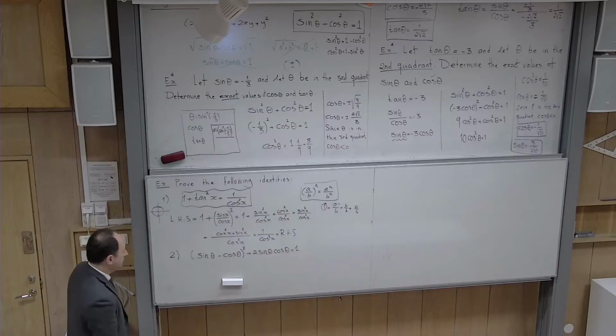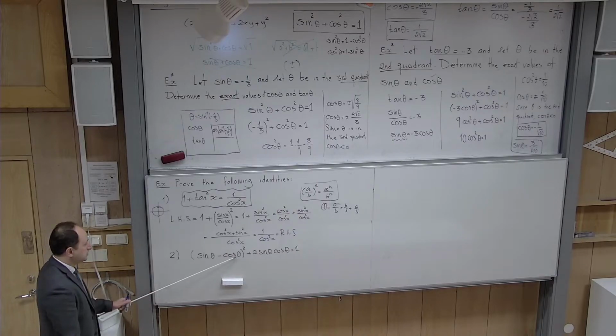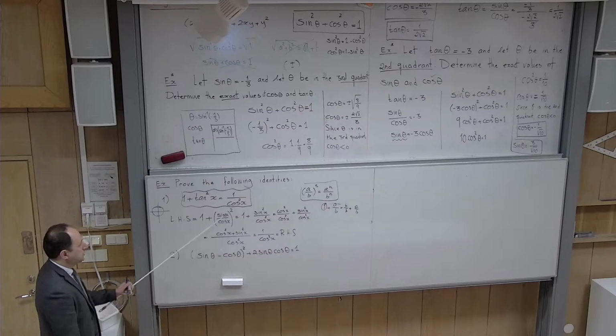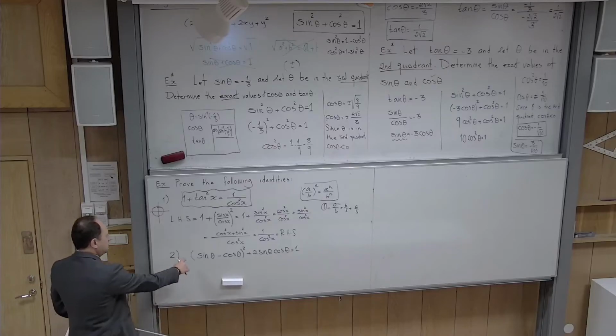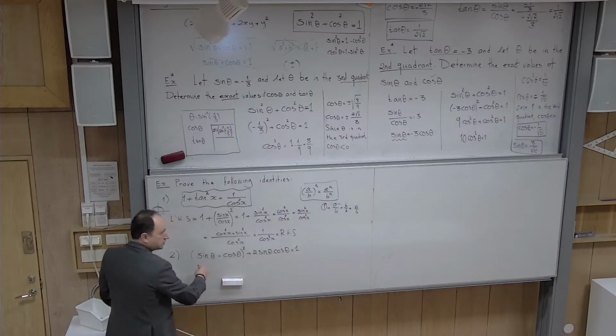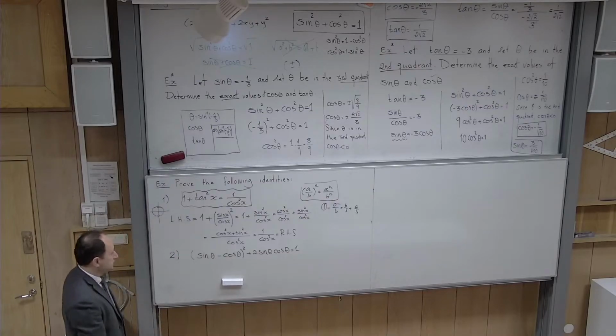So here we want to show that this combination, regardless of the value of theta that I choose, is always 1. And I do not have any restrictions at all, because sine and cosine are always defined. They are not appearing in the denominator or so. This is every time. So it means that the domain of validity of this is every point on the unit circle. There are no exceptions.